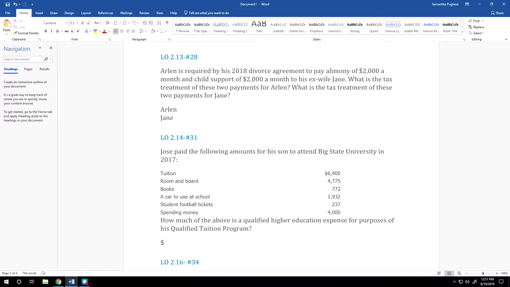That changed as of the end of 2018. Now in 2019 and going forward until it changes again, alimony is just not handled at all. So Arlene does not get to deduct it anymore on his tax return, and Jane also does not have to include it in her income going forward.